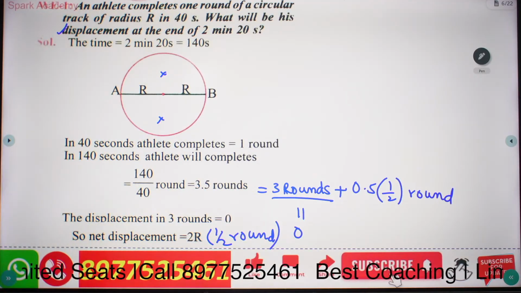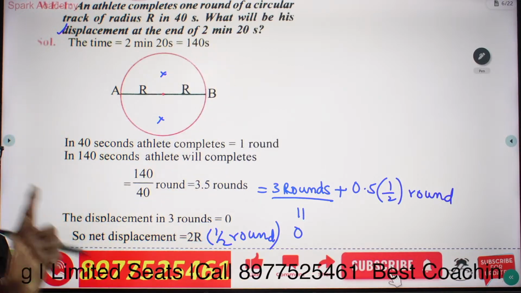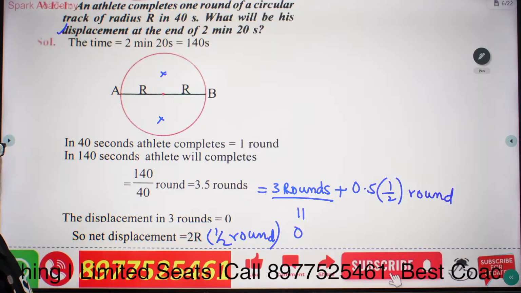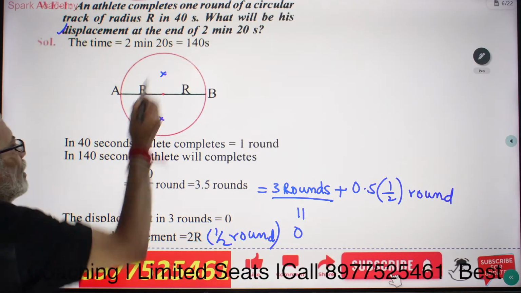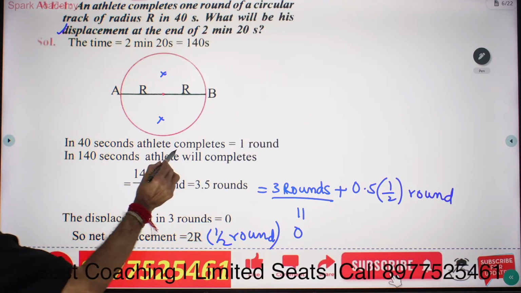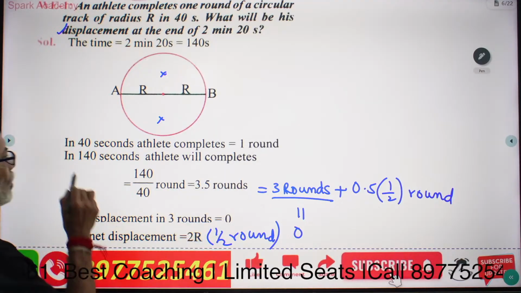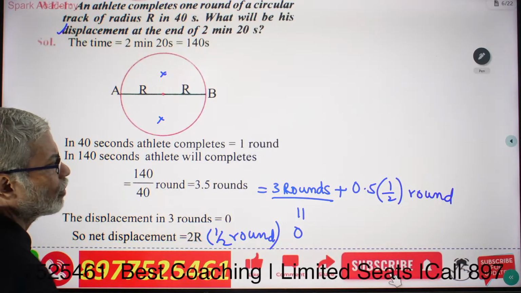So first you find out 2 minutes 20 seconds: 2 minutes means 120 seconds plus 20, 140 seconds. In 40 seconds the athlete completes one round, so in 140 seconds, 140 by 40 gives 3.5 rounds.